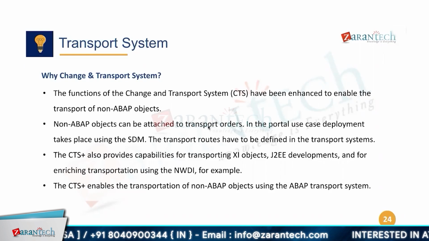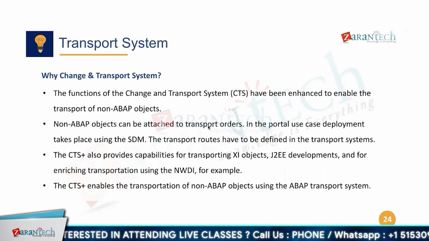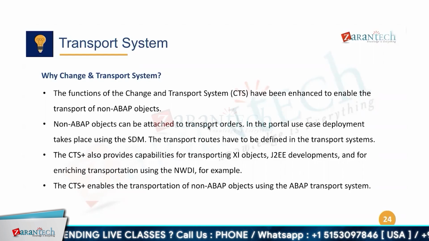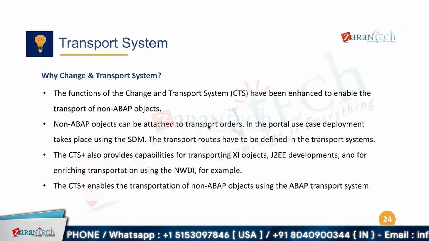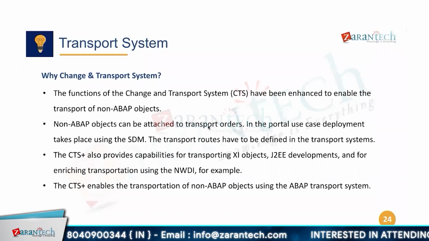Okay, so there is CTS, change and transport system. SAP has enhanced the existing transport system for the non-ABAP objects. Non-ABAP objects can be attached to transport orders. In the portal use case, deployment takes place using a script.